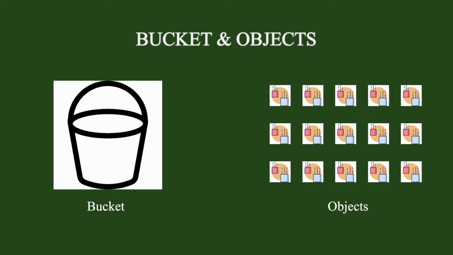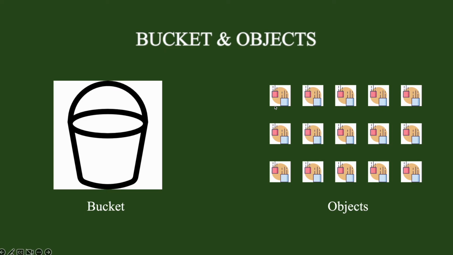Whenever you hear about Amazon S3, you will be hearing about two main things. One is buckets and another is objects. So what are buckets and objects? Let's start with objects. The objects are nothing but your files. For example, in the CNN example which we have seen earlier, the logo of CNN will be the object.